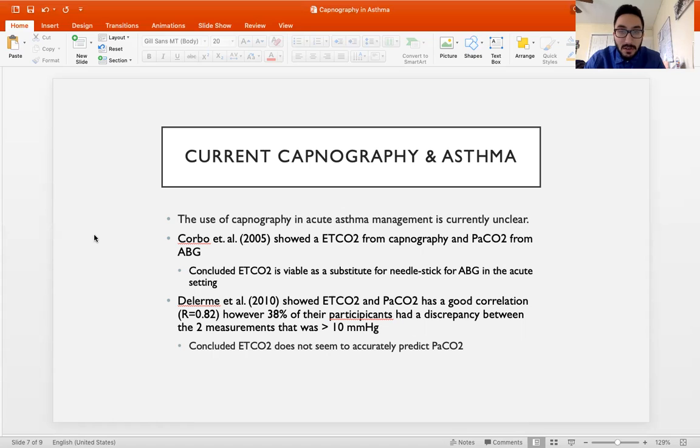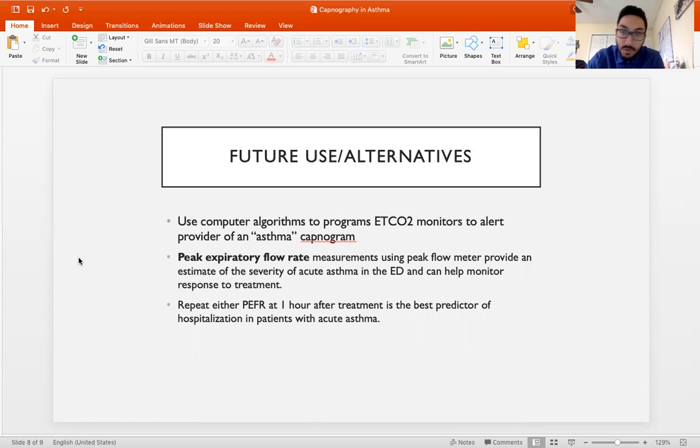So a variety of studies over the past 15 years have shown unclear results in terms of acute capnography use in asthma exacerbations. So what about the future of an alternative? I was reading an interesting paper on the implementation of computer algorithms into capnography monitors.